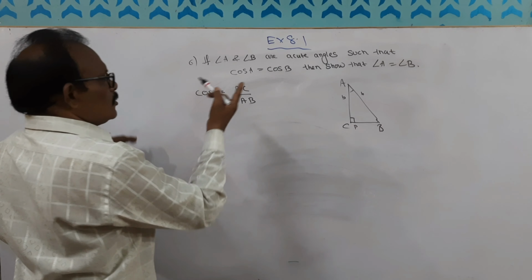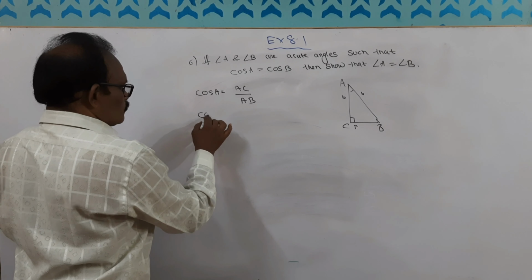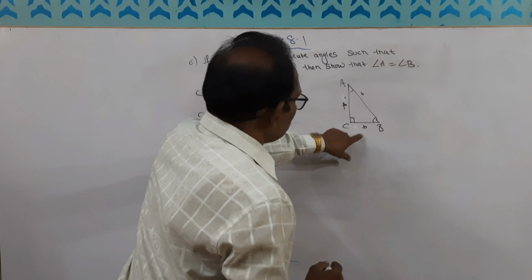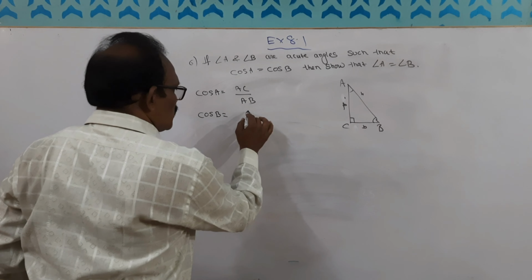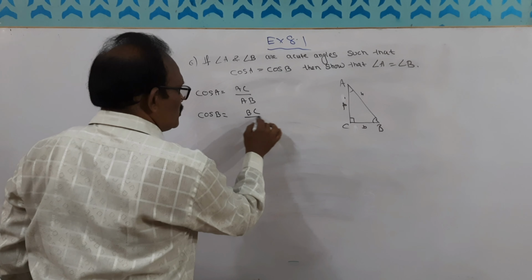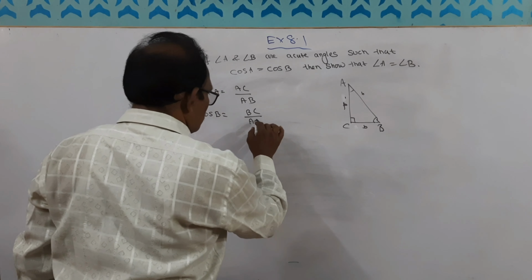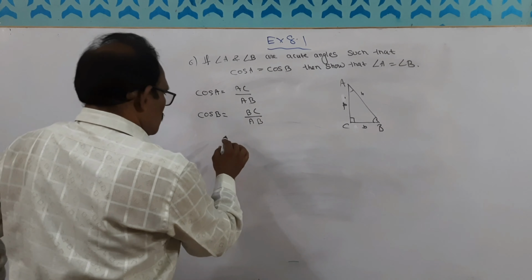Cos B, what is cos B? We are talking about this angle, so this is the base, this is the perpendicular. So B by H is BC by AB.